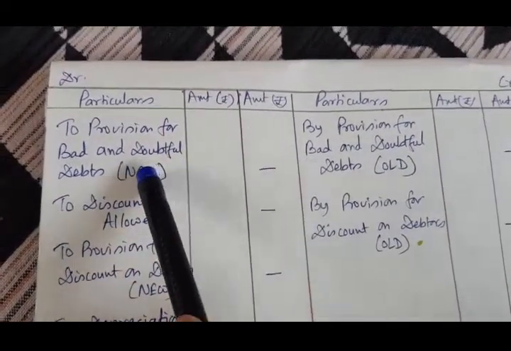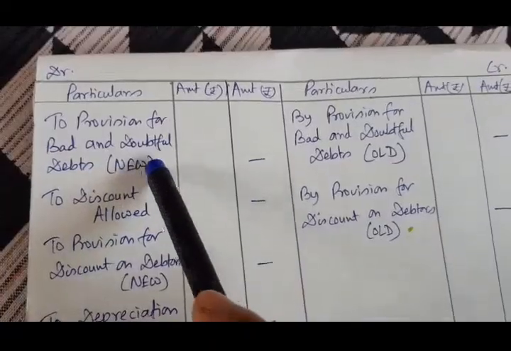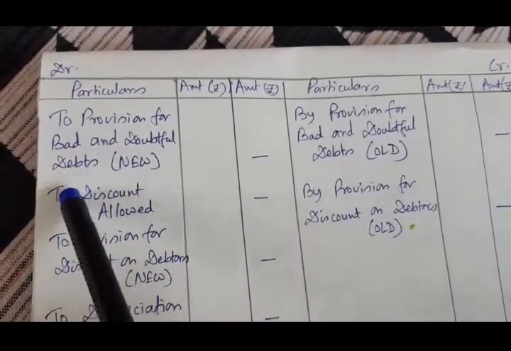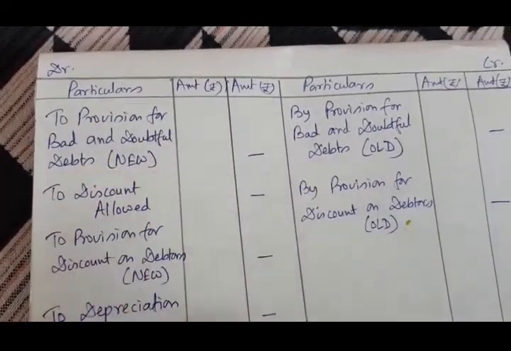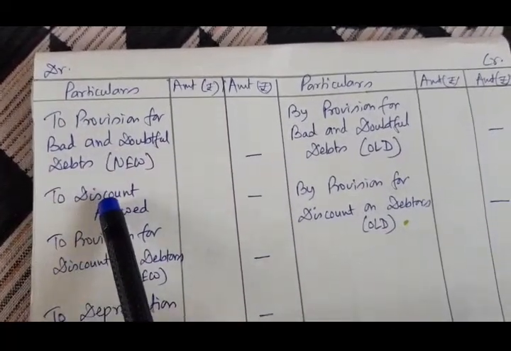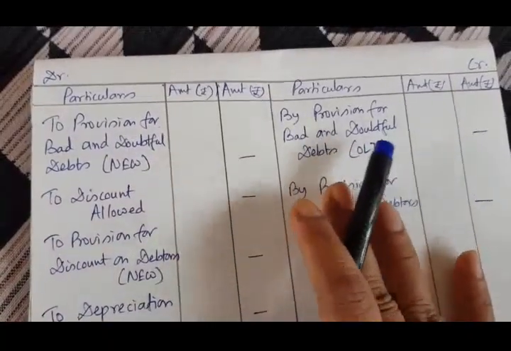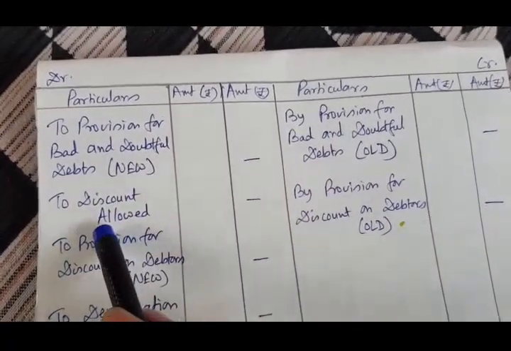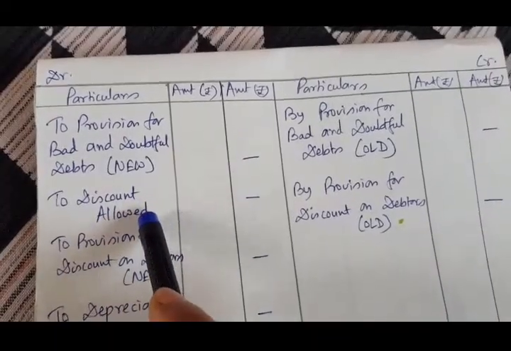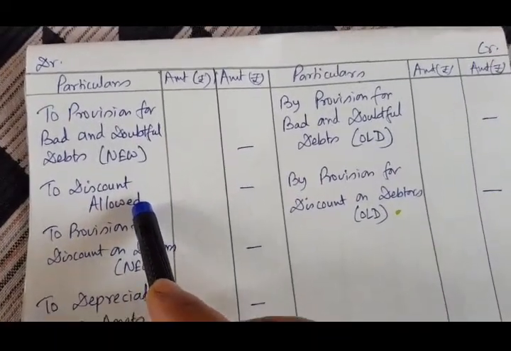Now new provision, as I just said, is an expense. So new provision for bad and doubtful debt, we have written here on the expense side. If there is any discount received, it will come to the credit side. If there is any discount paid or allowed, it will come here as an indirect expense.